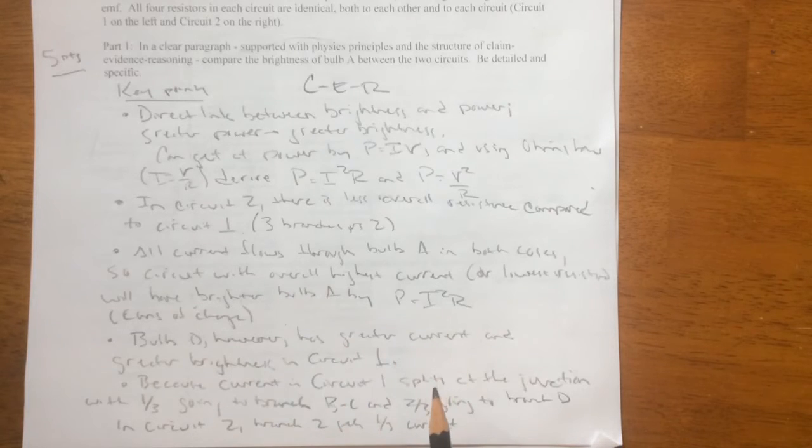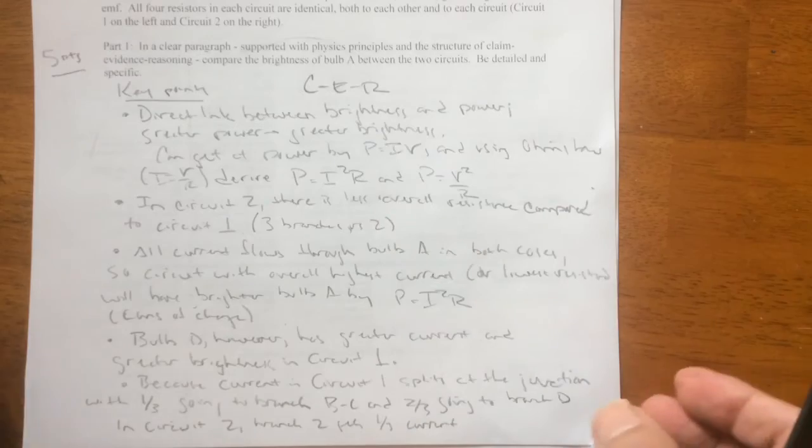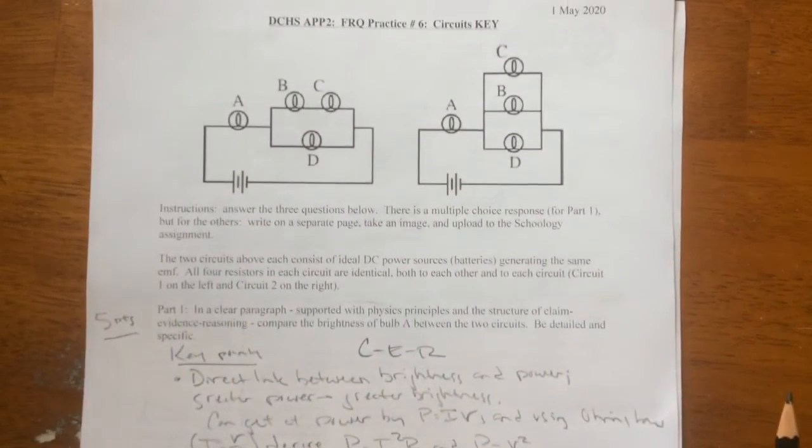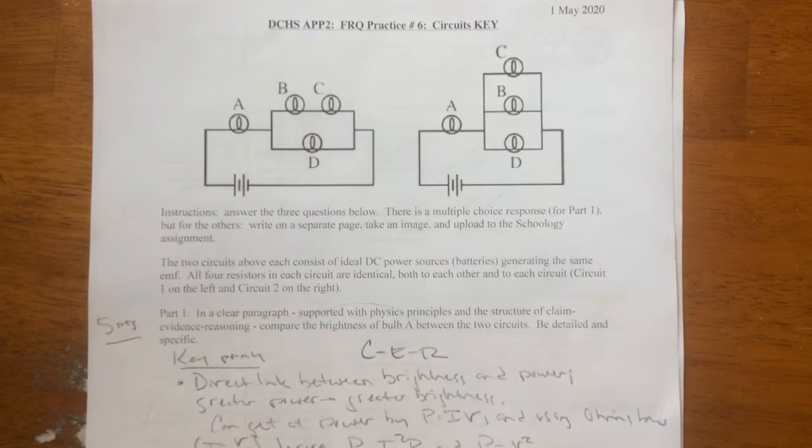So D is a little harder to reason through, but I think you can get there. D is going to have more current, and here's the logic. In a problem like this, if they want you to answer quantitatively in terms of the value of I, they'll tell you something like, using the variables given, using I, V, R and known physics principles, express the current.